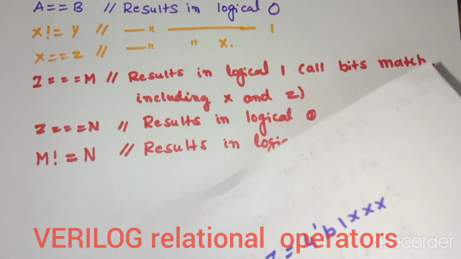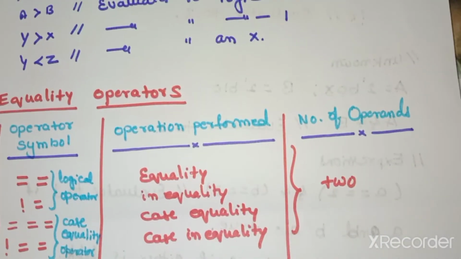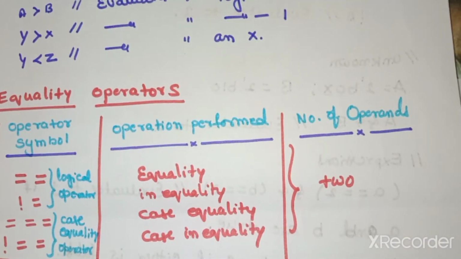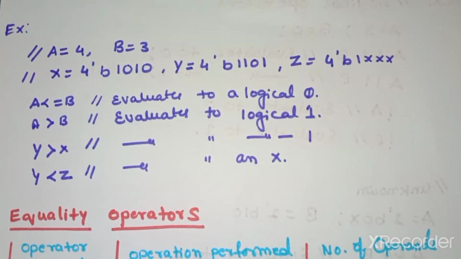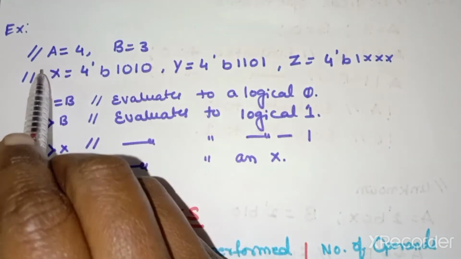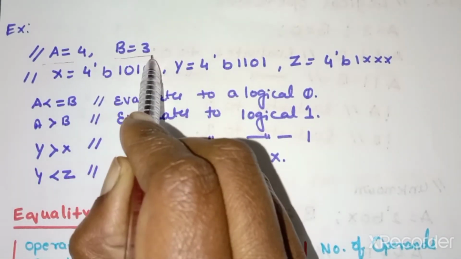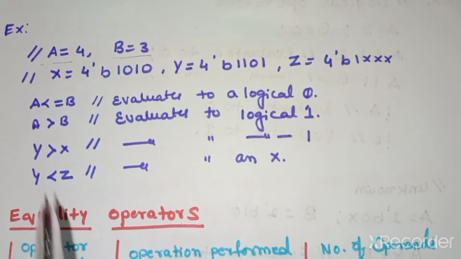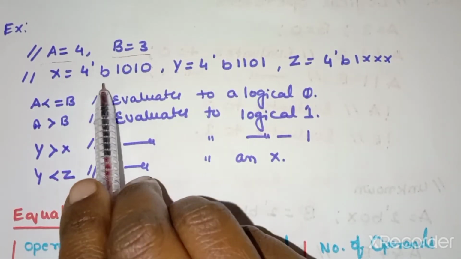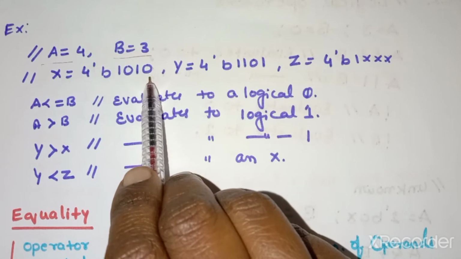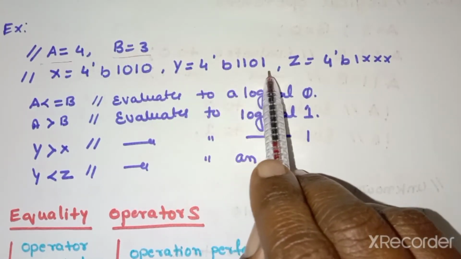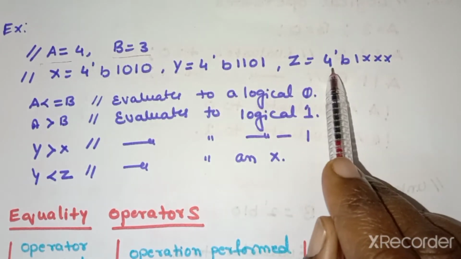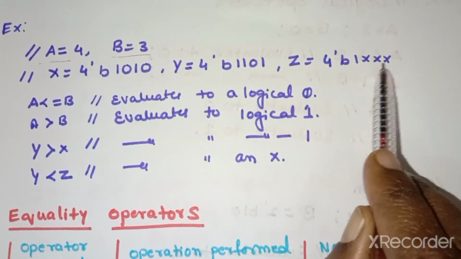Now let us see the example for these relational operators. Here you see a is equal to 4, b is equal to 3, and I have taken x as 4-bit 1 0 1 0, y as 4-bit 1 1 0 1, and z as 4-bit 1 x x x.